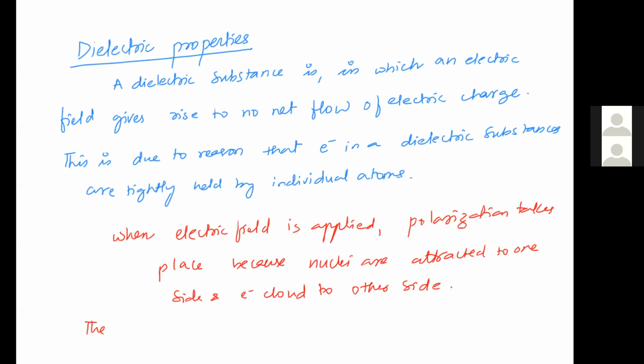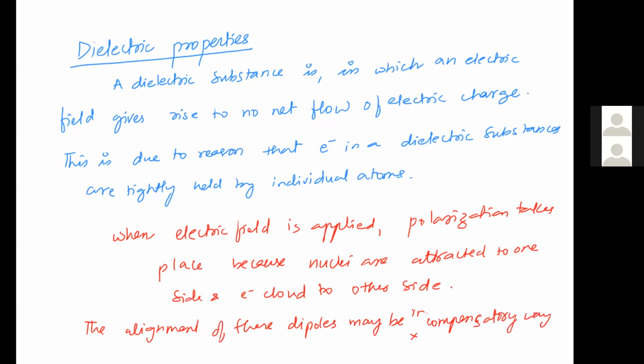The alignment of these dipoles may be in a compensatory way. There will be two ways.